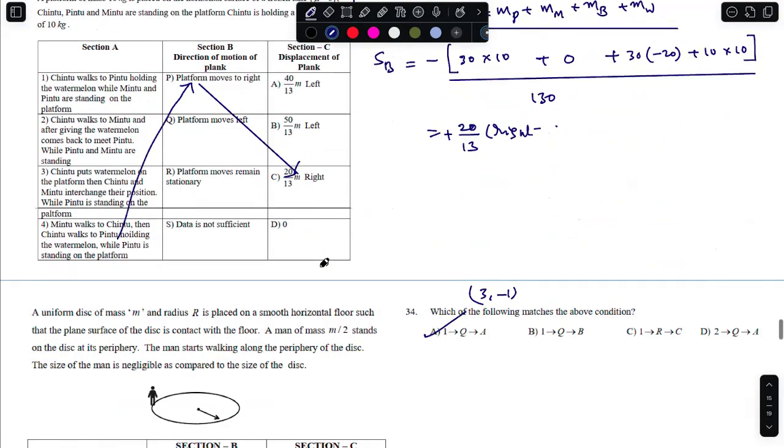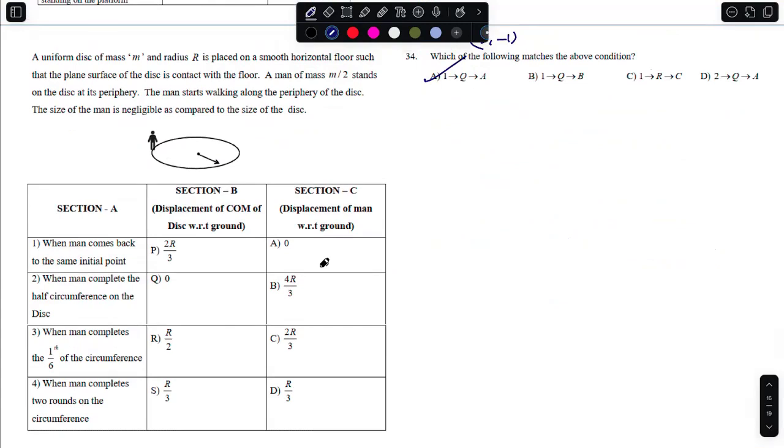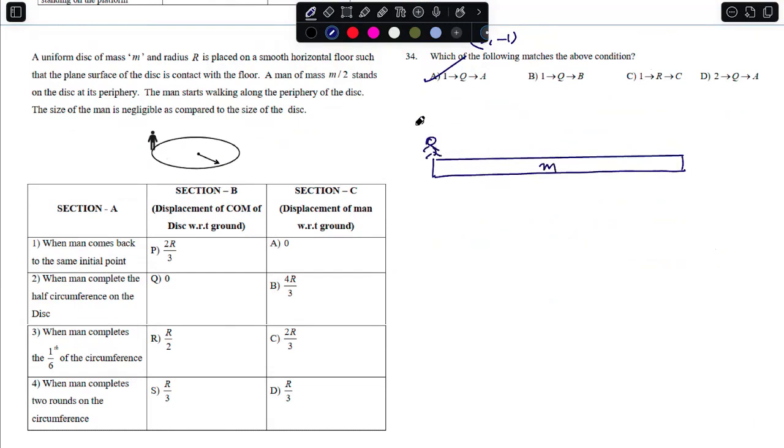Right, next. A uniform disc of mass m and radius r, and a man of mass m/2 stands on the disc. I am imagining that this is a plank of mass small m and a man of mass m/2, and whose length is L. L is nothing but 2 pi r.